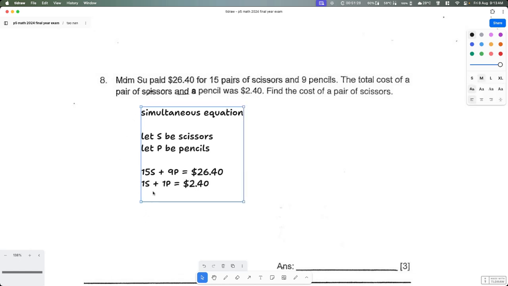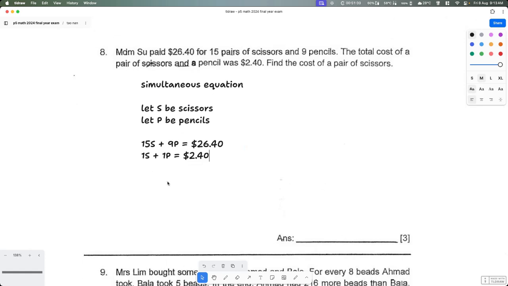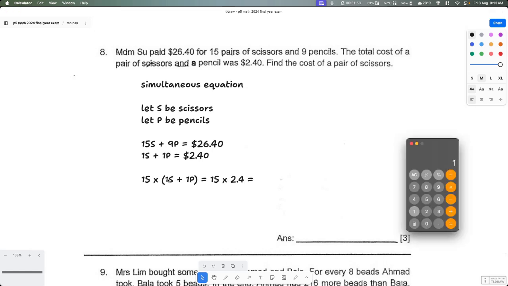Okay, so what can we do over here? We can multiply this by 15. So 15 times 1s plus 1p is equal to 15 times 2.4.